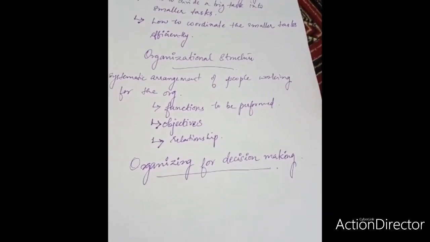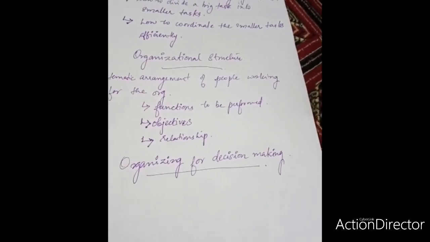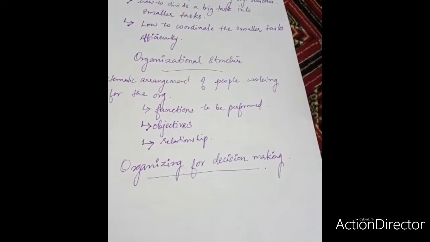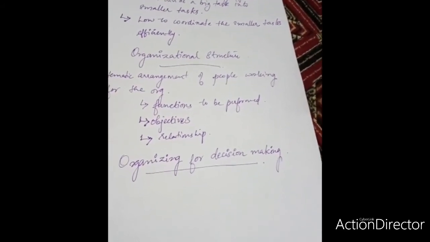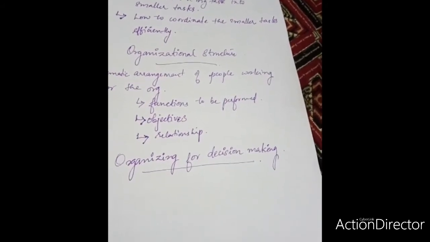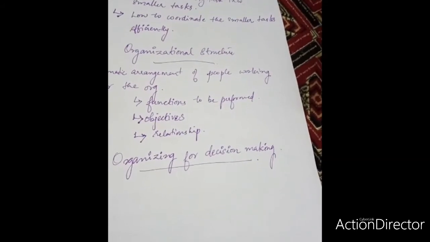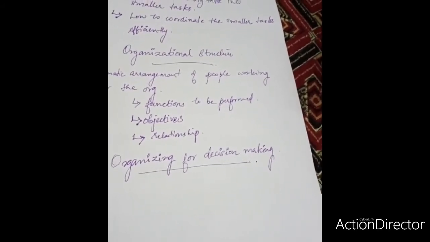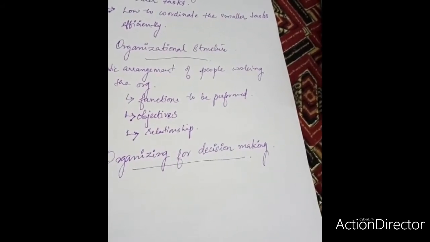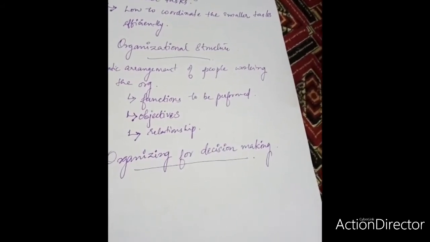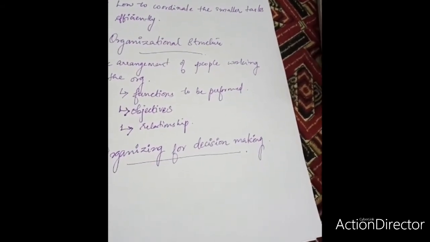Now, organizing is a process of grouping the various activities to be done and assigning duties and responsibilities to people in groups or departments. This we've already learned. The organizing process involves determining what work is needed to accomplish the goal, assigning those tasks to individuals, and arranging those individuals in the decision making framework that is being done in the organizational structure. So that is organizing for decision making.